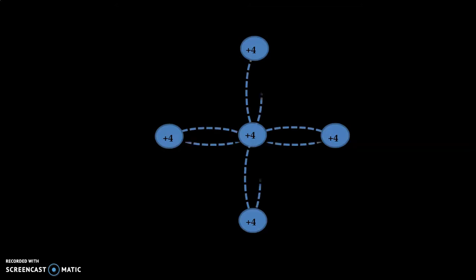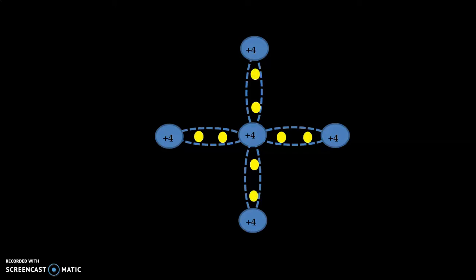We have the central core and we have neighboring atoms. We have the nucleus and we have filled orbits. Each atom has 4 valence electrons in its outermost orbit. But now we know that neighboring atoms share 1 electron each with the central atom.